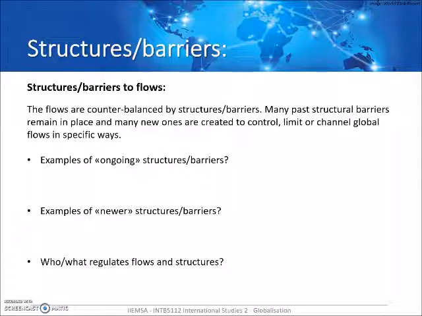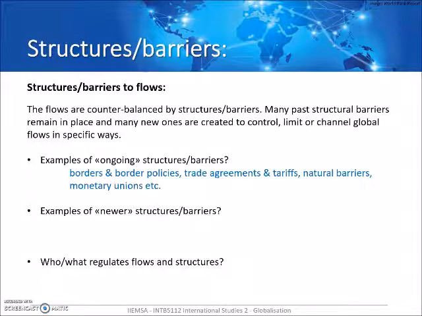Now, if you have to think of examples of ongoing structures and barriers, these are structures and barriers that have been in place since back in the days, right? And that are still in place. So these can be natural barriers like mountains, like rivers that sort of make crossing physically difficult. They're still in place, right?